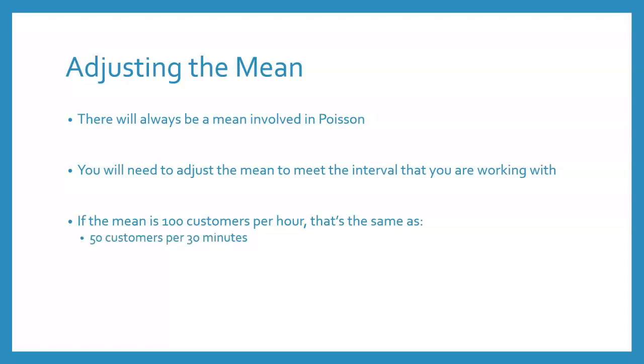The mean then becomes 50 customers per 30 minutes, right? Because we take the 100 divided by 2. If we are looking at a per minute standpoint, we would have to take the 100 divided by 60, and we get 1.67 customers per minute. So sometimes we have to make these adjustments to the mean depending on what we are working with.